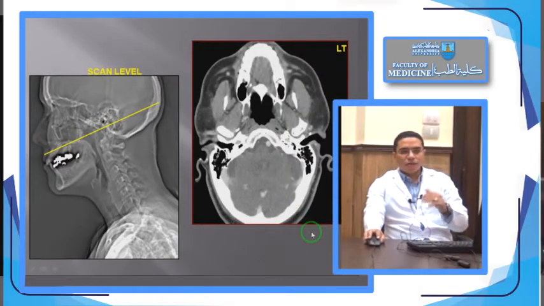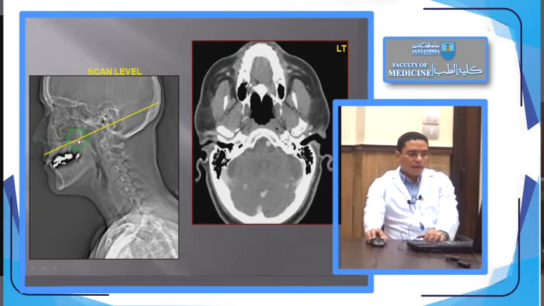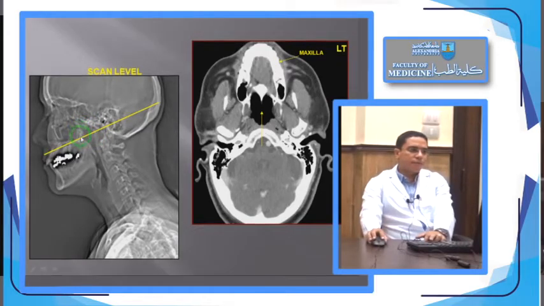In a cut at a lower level, we can see here anteriorly there is a bony structure, this one. This is the maxilla. And as we go backward here, there is something like air, and you can notice from here that this is just something like a tube, and this is its beginning.